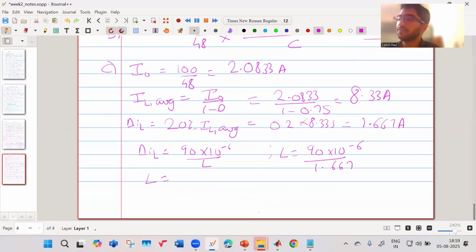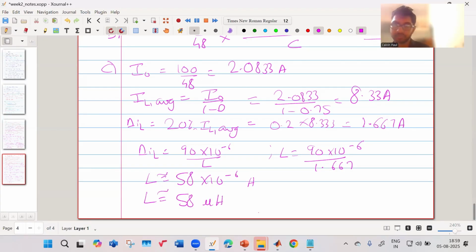So how much is the L? 53.98 microhenry. Yeah, so it's approximately 54 into 10 to the power minus 6 Henry. So L is approximately 54 microhenry. Okay. Any doubts in this part?